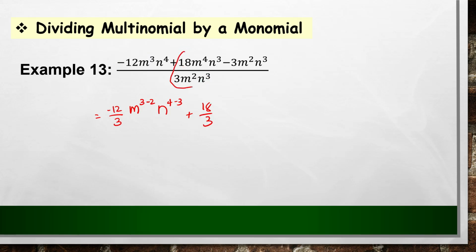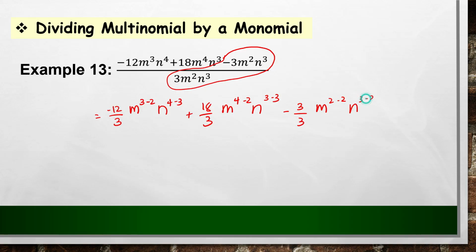This time here, m raised to 4 minus 2, n raised to 3 minus 3. Then finally here, minus 3 over 3, m squared minus 2, n cubed minus 3.